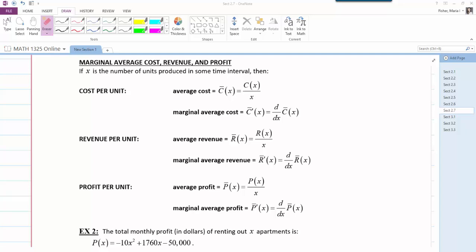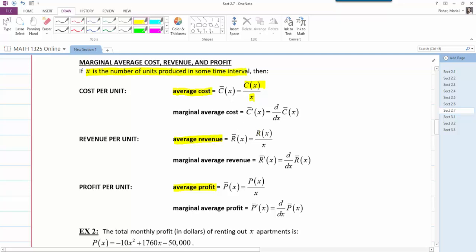Marginal average cost, marginal average revenue, and marginal average profit refer to the average cost, average revenue, and average profit functions. So anytime you see average cost or average revenue or average profit, what you do is you take your cost function and divide it by x, where x is the number of units produced in some time interval.